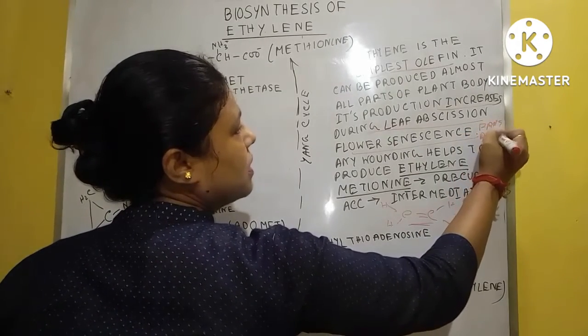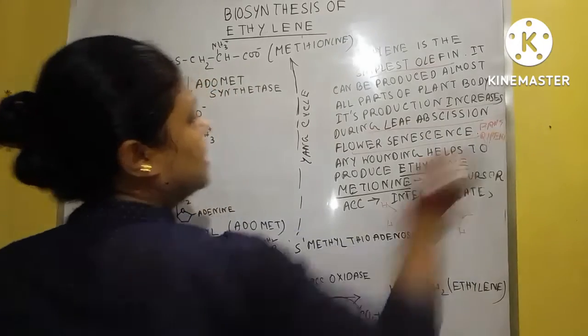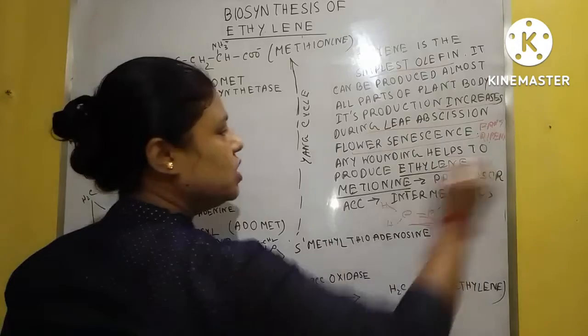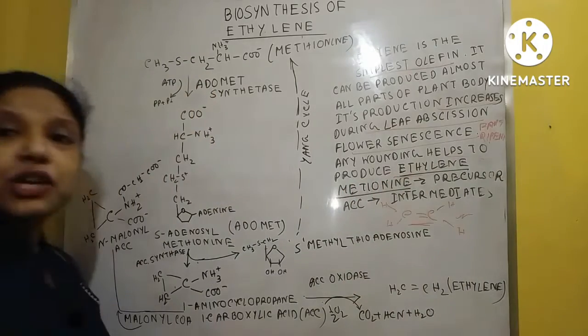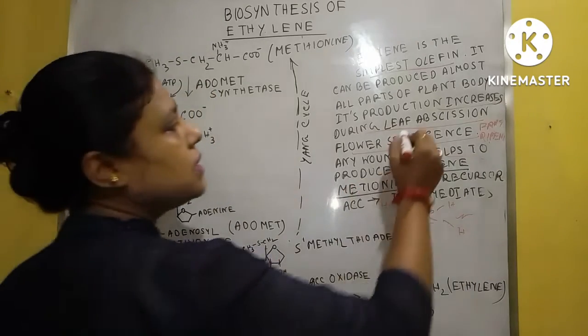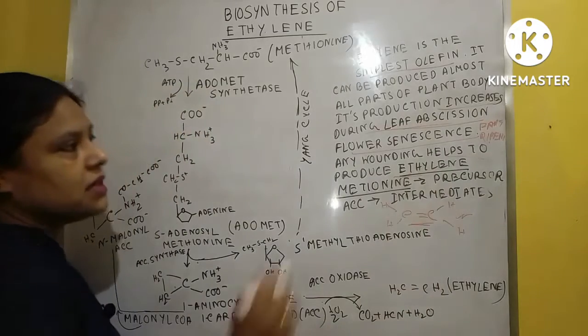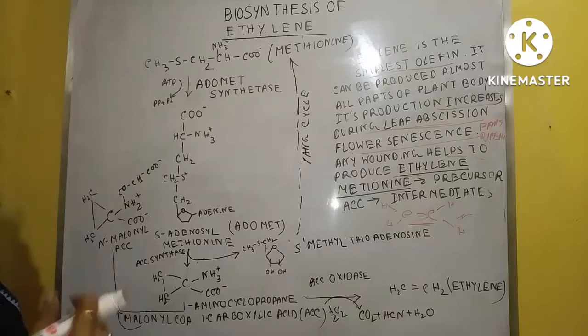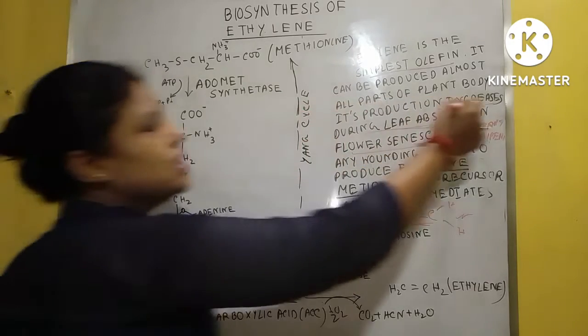So any wounding helps to produce ethylene, and not only that, during leaf abscission, flower senescence or fruit ripening, the ethylene production also increases.